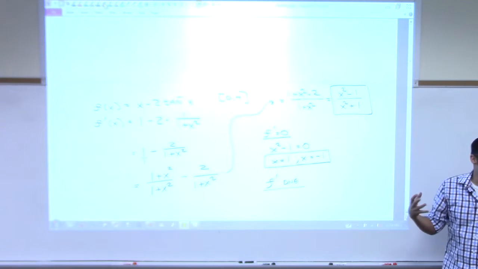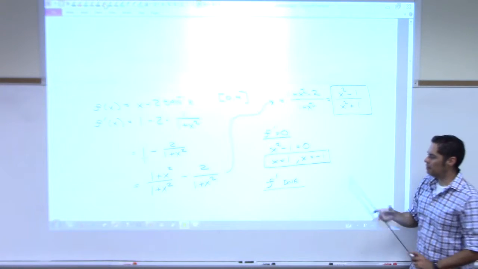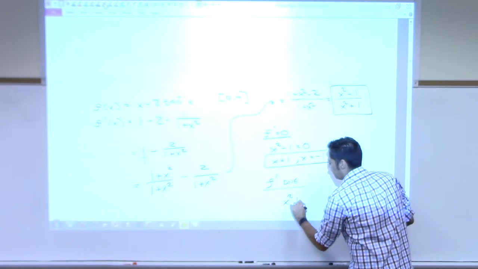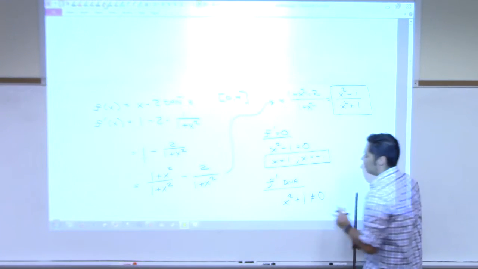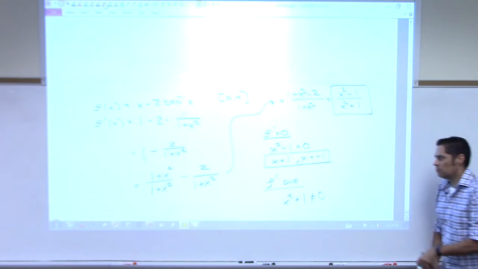That's what I'm maybe concerned about because I have a fraction. But this can never be 0, right? X squared plus 1 cannot be 0, at least if we are restricted to the real numbers, then there's no real solution to that. Everyone agree? Yep. So I'm good to go.